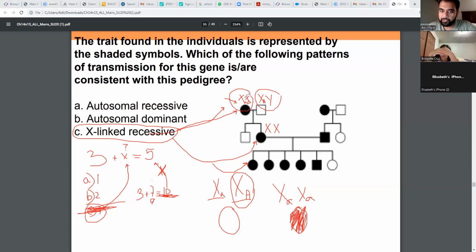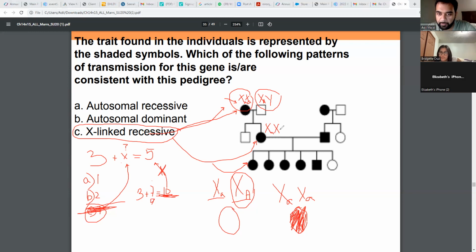If we start off with this mom and this dad, based off of these two genotypes right here, what does this girl have to be? She's going to get one of these X little a's from her mom, right? What about from her dad? What is she going to get from her dad?